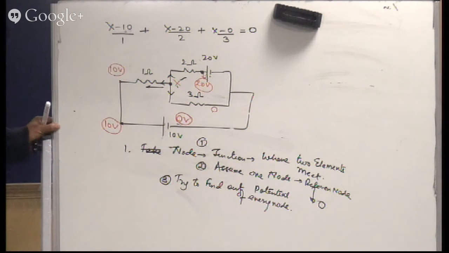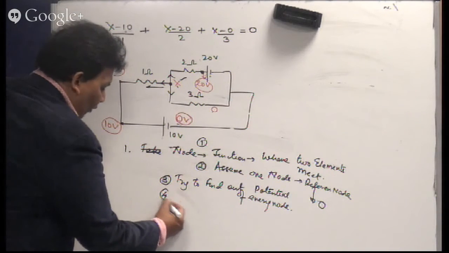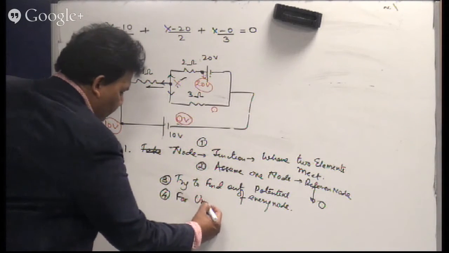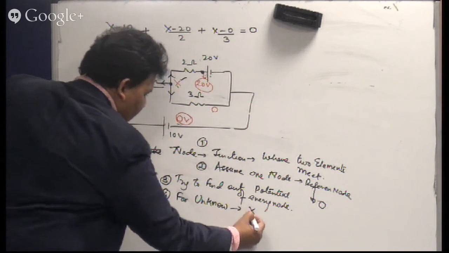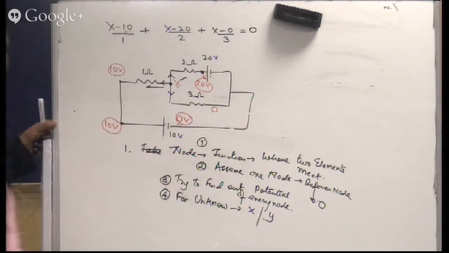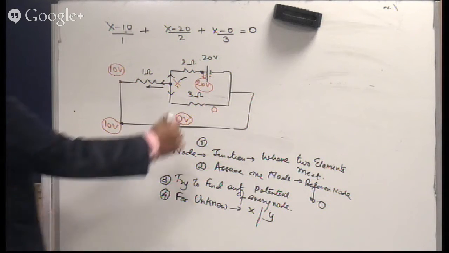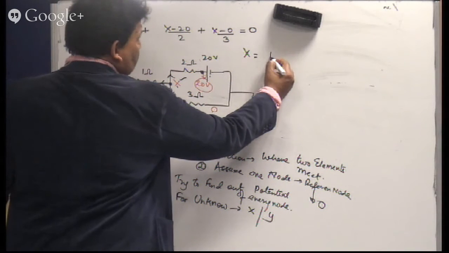You have to find the potential of every node, okay? And for unknown, assume that to be x. If you have more than one unknown node, use y. Perfect. How much is x coming out to be?